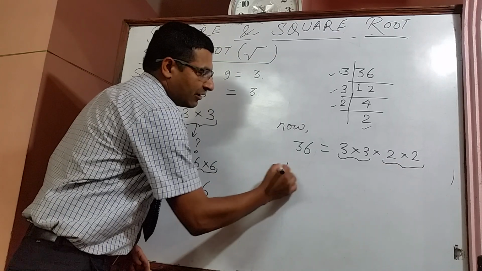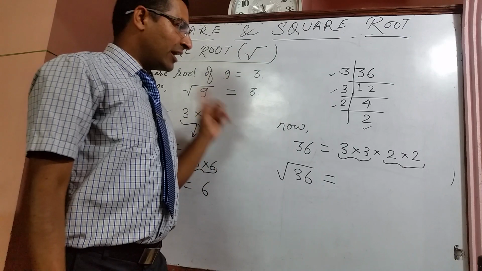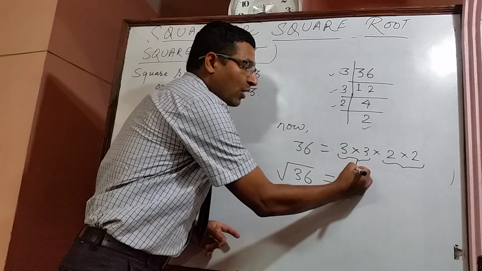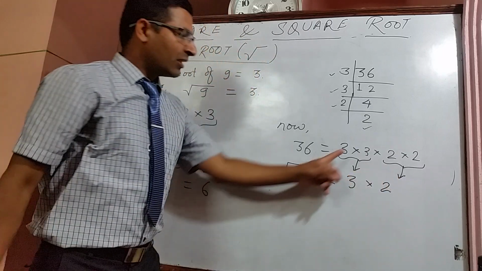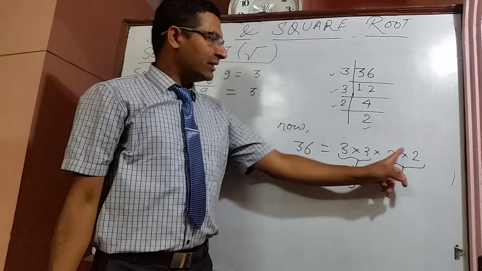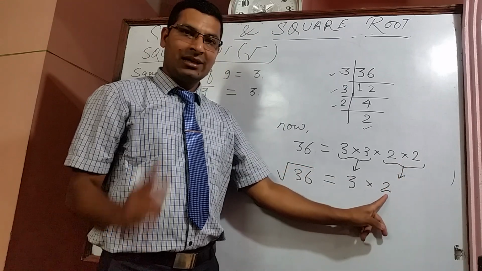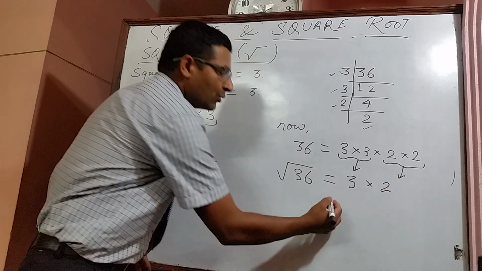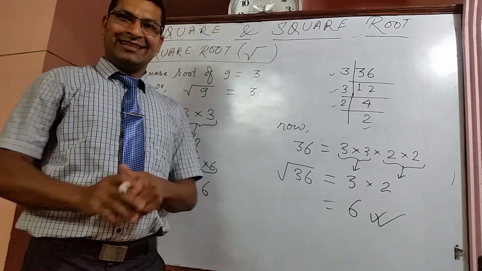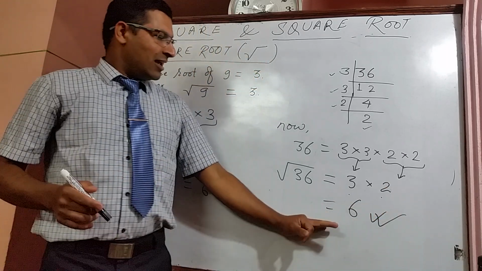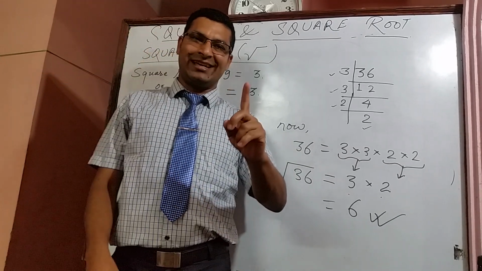And while writing the square root of 36, as we already know, we choose one of the identical factors. So only one time we write 3, and from among these two factors we write only one 2. So 3 twos are 6, like this. This is the square root of 36. I think you are getting it.